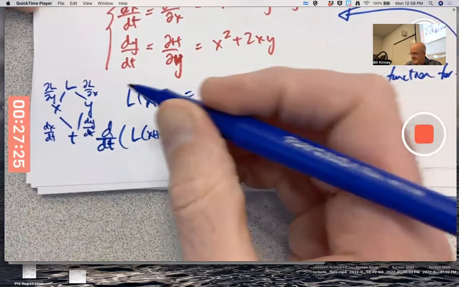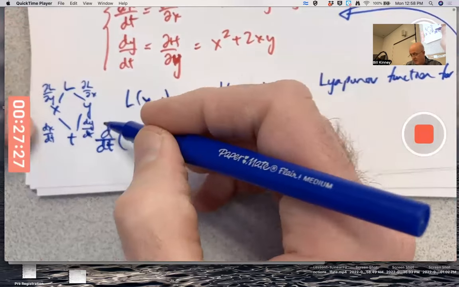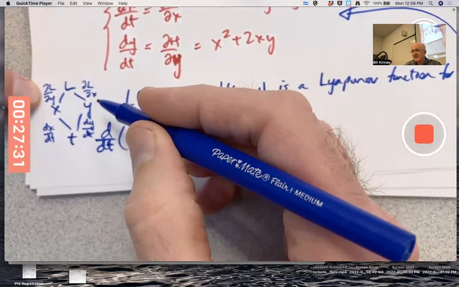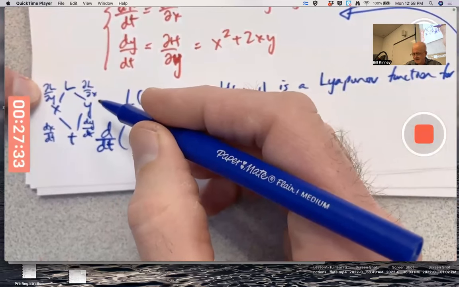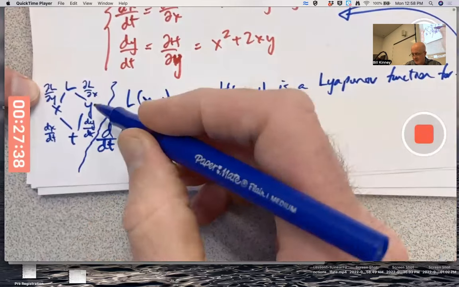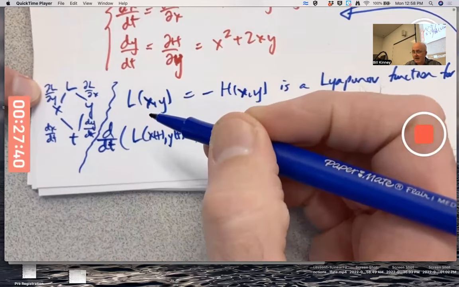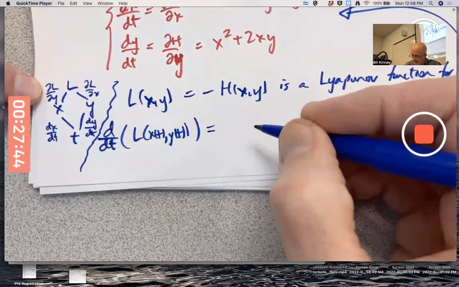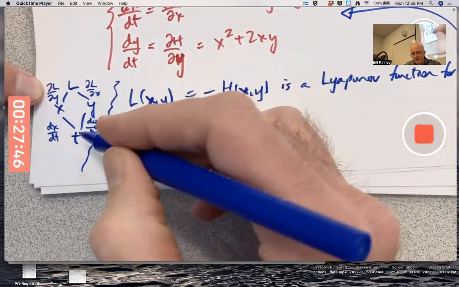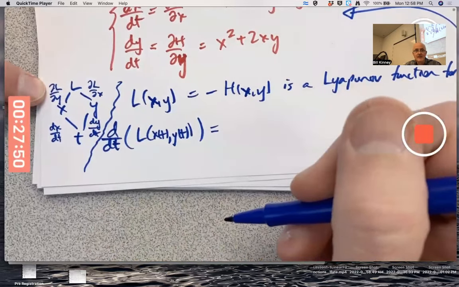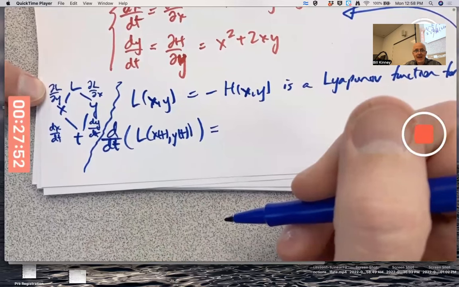Again, don't let the distinction between ordinary derivative notation and partial derivative notation bother you. It's just convenience, just to remind yourself, in this case, that L depends on both x and y. And then what you do is you multiply the derivatives along each path through this tree here, and then add the results.